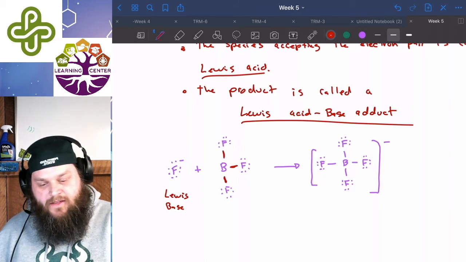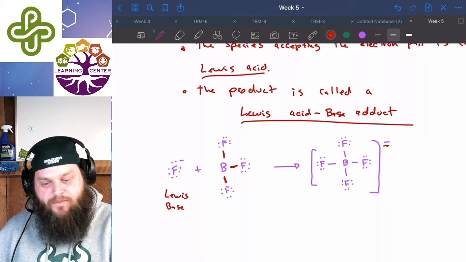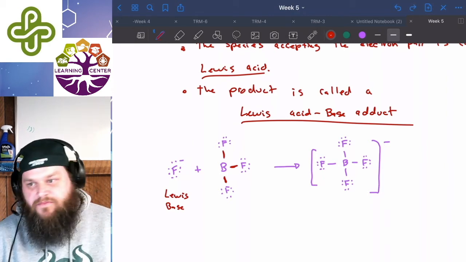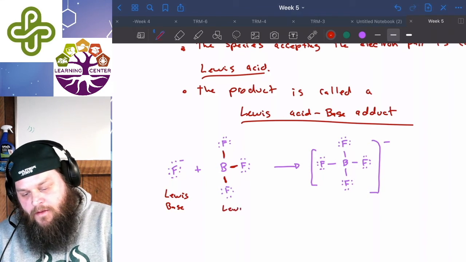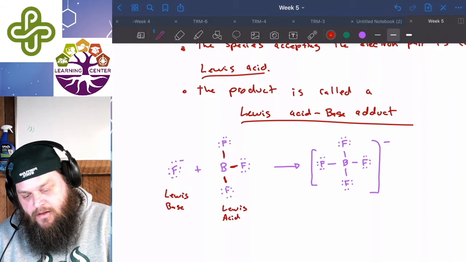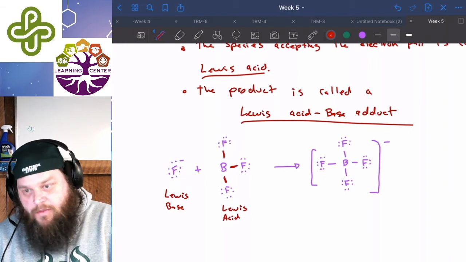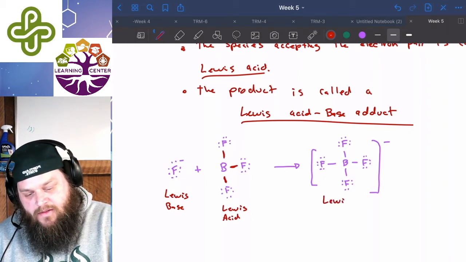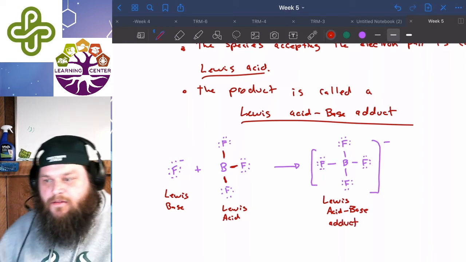But that leaves it slightly unstable. It's at a negative charge. So the boron trifluoride is a Lewis acid, and the boron tetrafluoride would be the Lewis acid base adduct, or just the adduct.